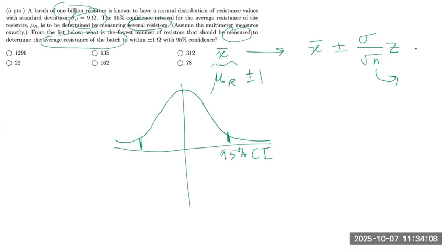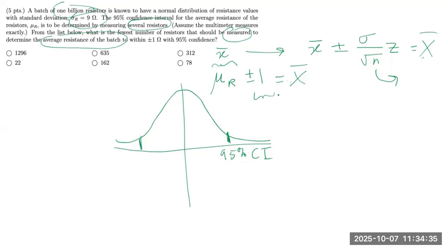And this one is equal to the population mean, which we will call X bar, shall we?